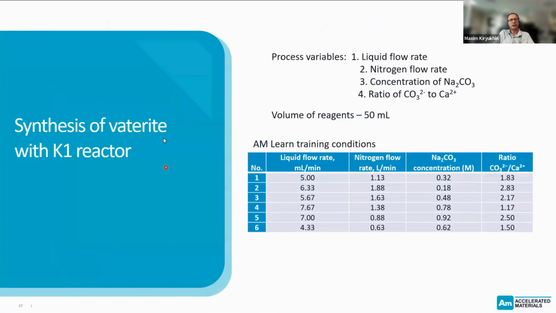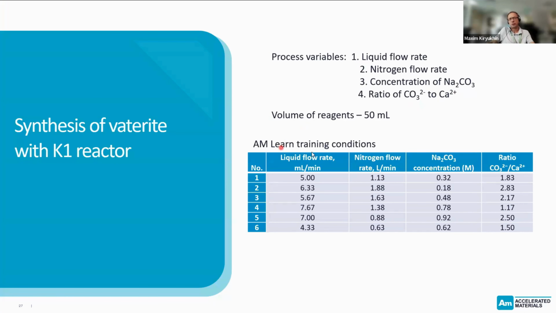So in this particular example of the synthesis of vaterite, we used four different process variables: the liquid flow rate, the flow rate of nitrogen, since here we use nitrogen as a gas supply, the concentration of sodium carbonate, and the ratio of concentrations of carbonate to calcium.